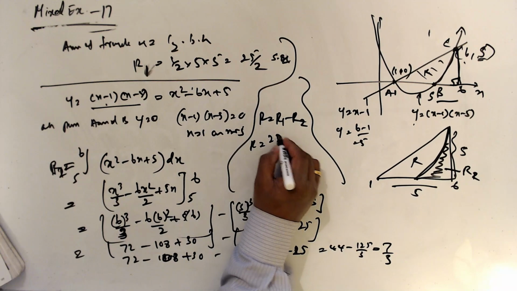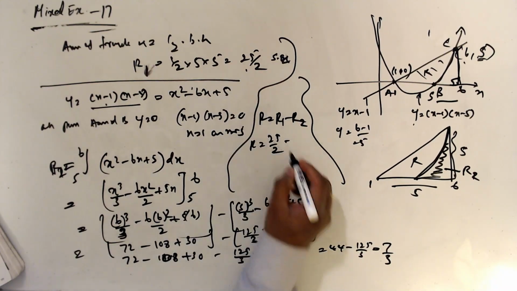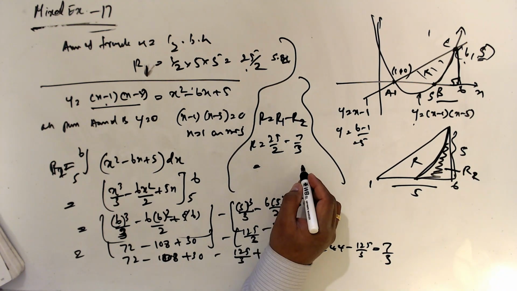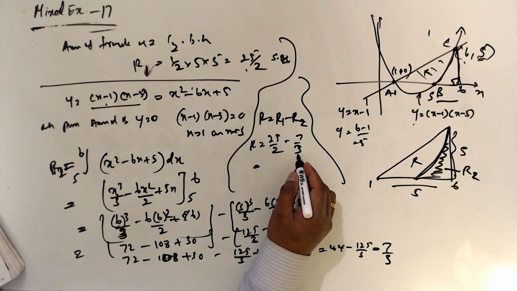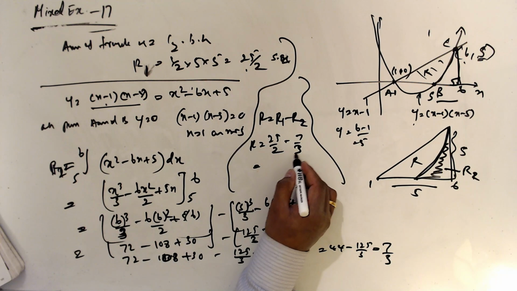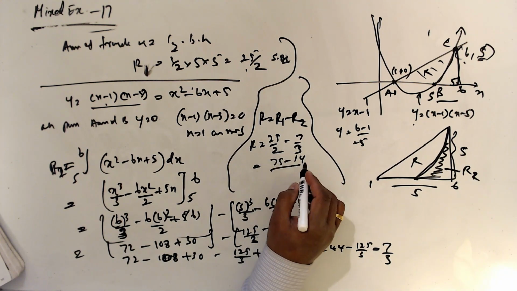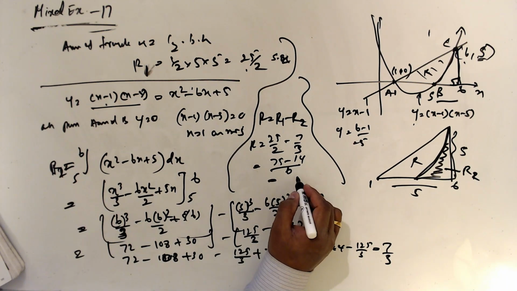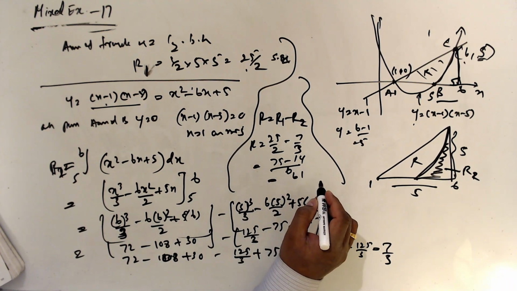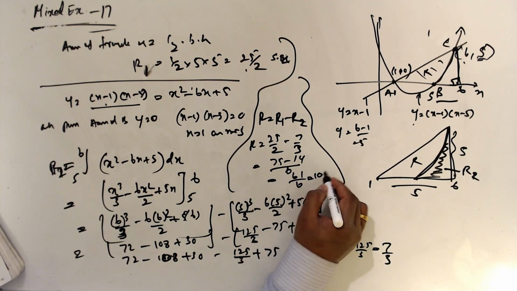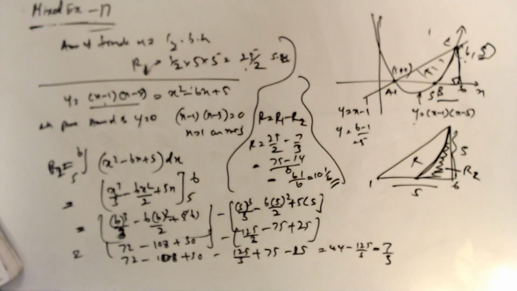R1 is 25 over 2 triangle, and this is 7 over 3. So this is going to be 75 minus 14 over 6, and 61 over 6, 10 and 1 over 6.